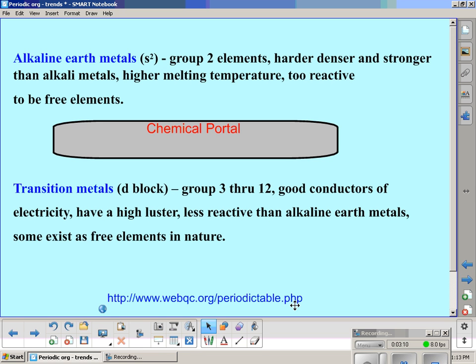At the bottom, I have a link to a good website that has a periodic table of clickable links, and you can learn a lot about each and every element that you click on in this periodic table. It'll show you what they look like, their boiling and melting points, electron configuration, lots of interesting little tidbits that might help you out as you're taking a chemistry course.